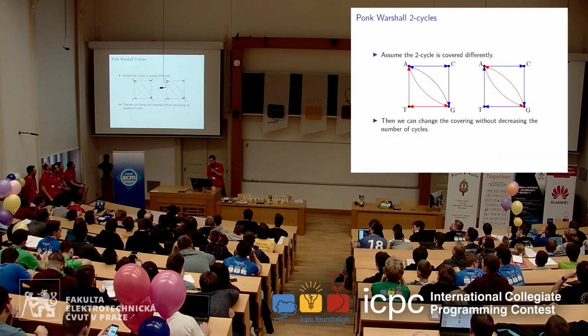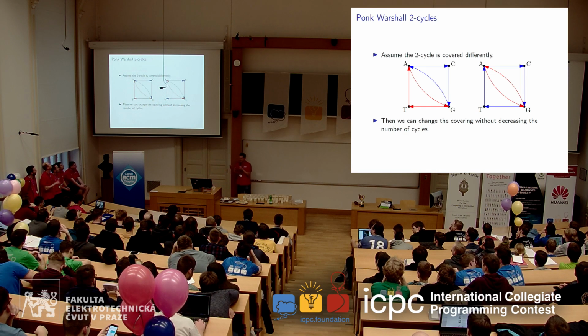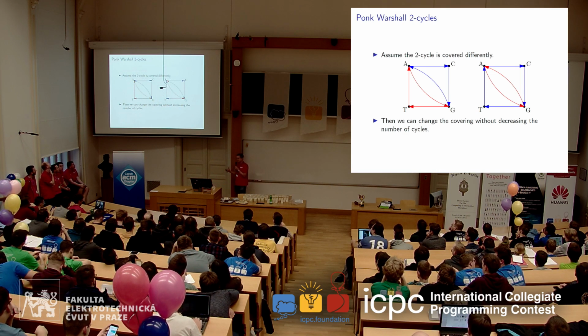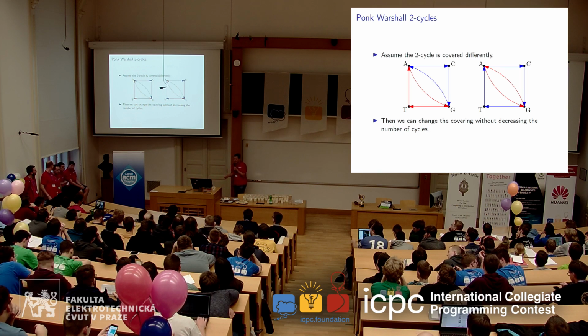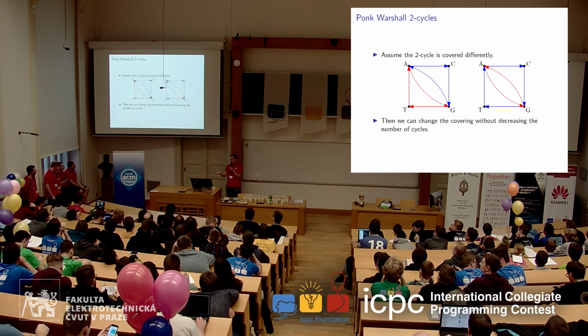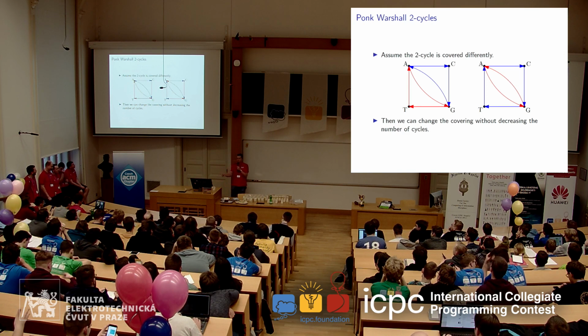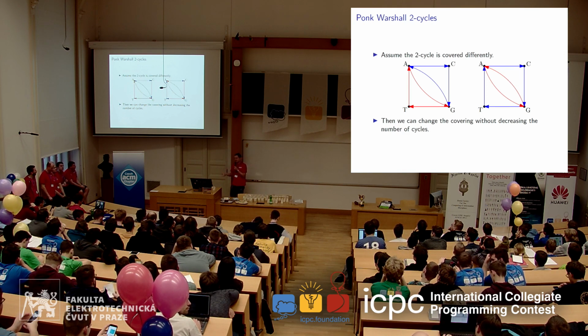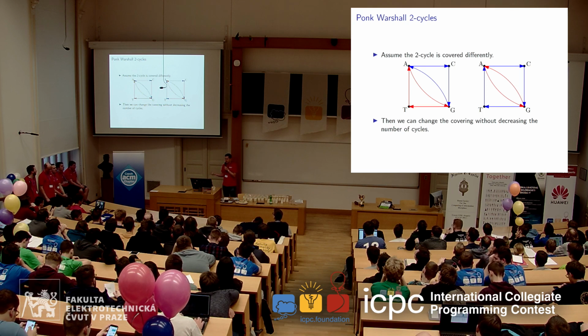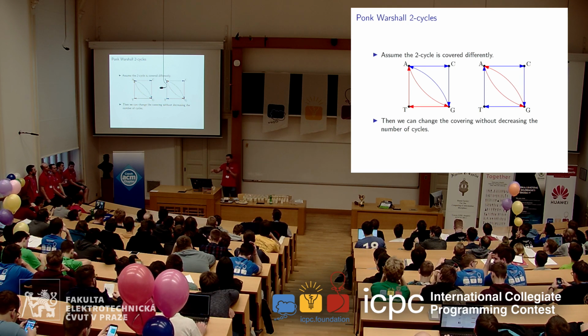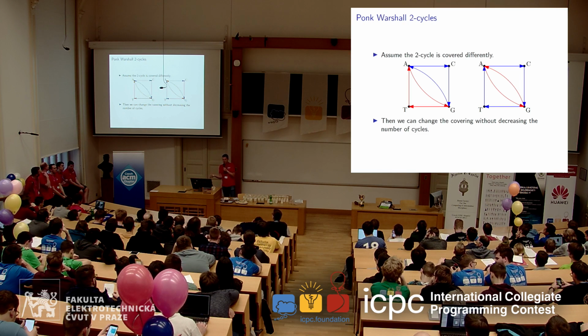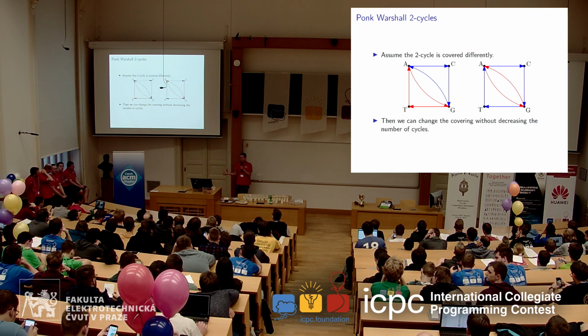The main question is, why does the greedy work? So first, why can we take 2 cycles? Let's assume that taking a 2 cycle was a mistake, so there was a better solution, and in this better solution, the 2 opposite edges of the 2 cycle were covered by 2 different cycles.